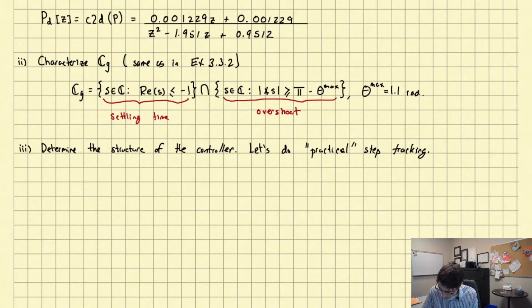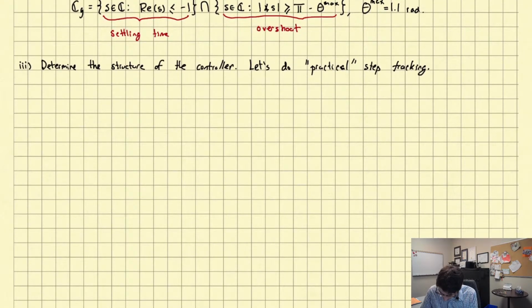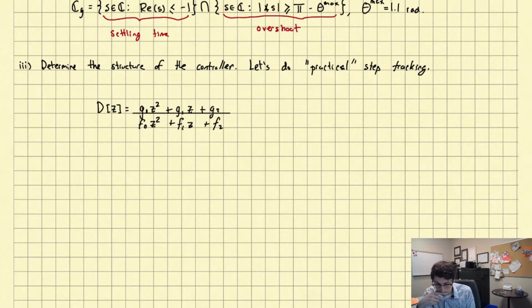Okay, so the controller will be second order. There we go. There's our controller. And that's the structure we're going to go with, okay?